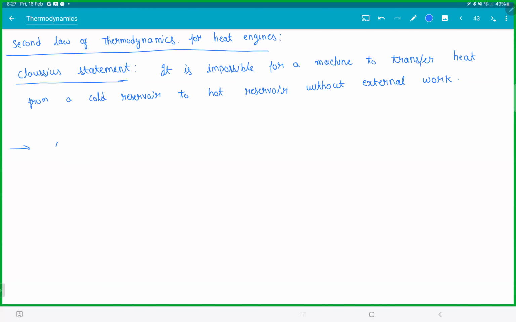Another statement: a heat engine working between two temperatures in a reversible process. Now in physics, all processes are reversible processes only.